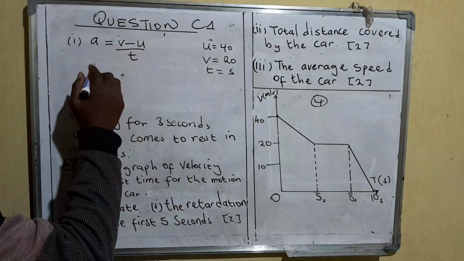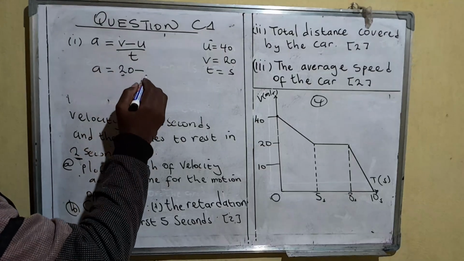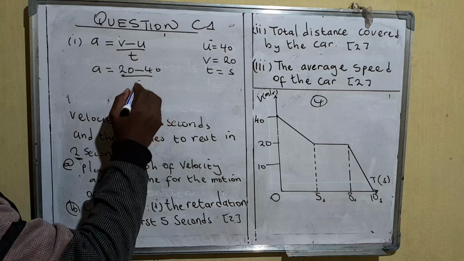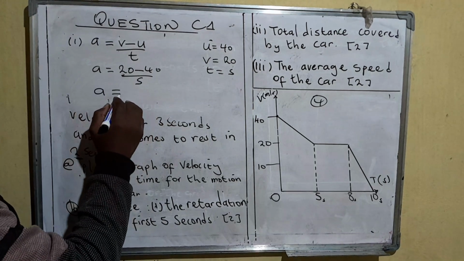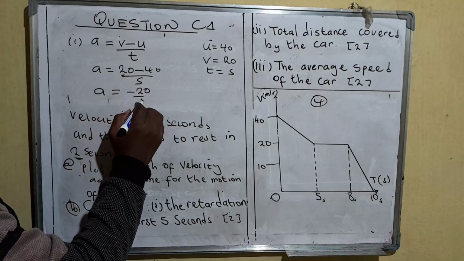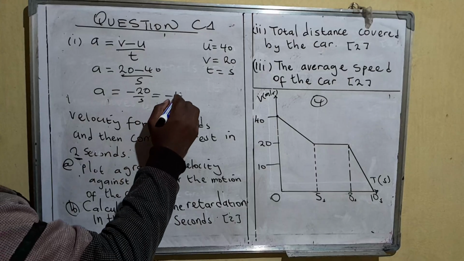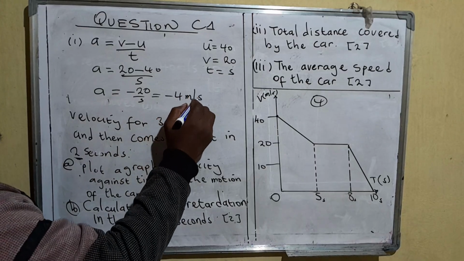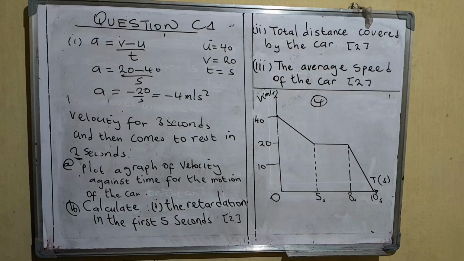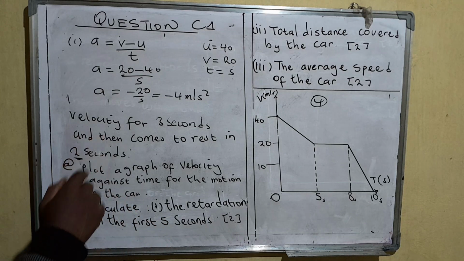So you can plug in the values. Acceleration is equal to final velocity 20 minus initial velocity 40, over time 5. Acceleration therefore is 20 minus 40, which is negative 20, over 5, which is negative 4 meters per second squared. There's a negative sign to show that there was a reduction in the speed of the car. And by so doing, we walk away with the 2 marks allocated to this question.